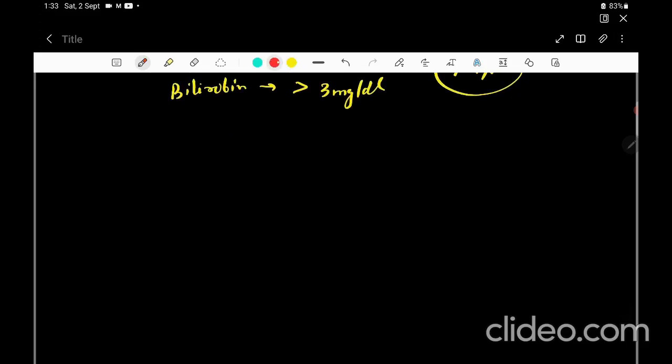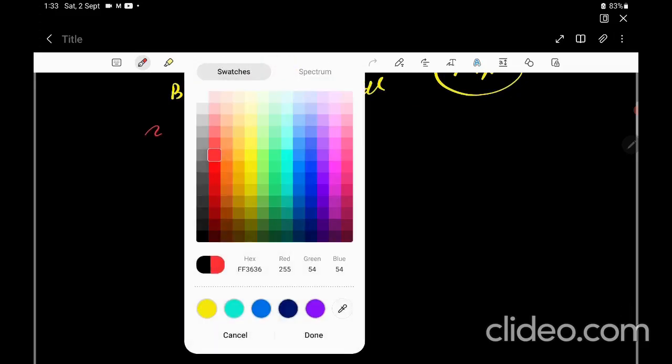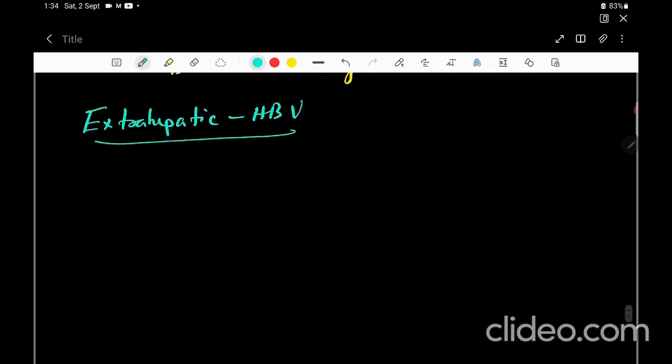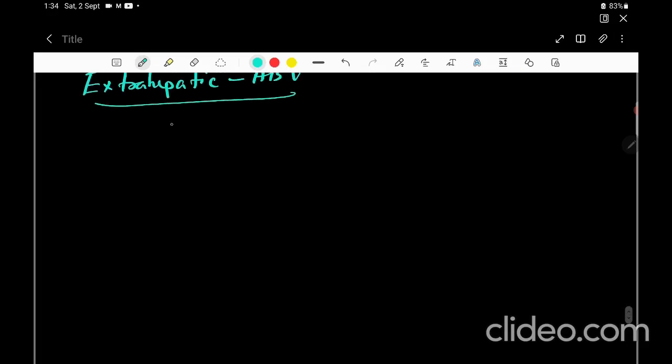Now we come almost to conclusion of our topic. Just to add up, what can be the extrahepatic manifestations of hepatitis B infection? Arthritis, dermatitis syndrome.